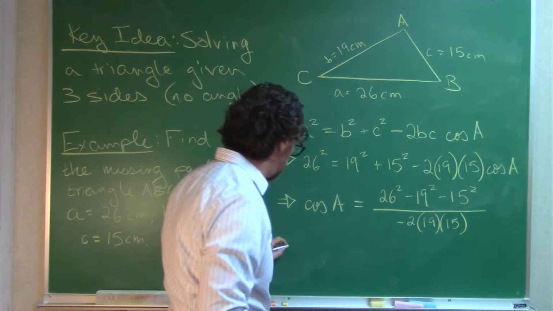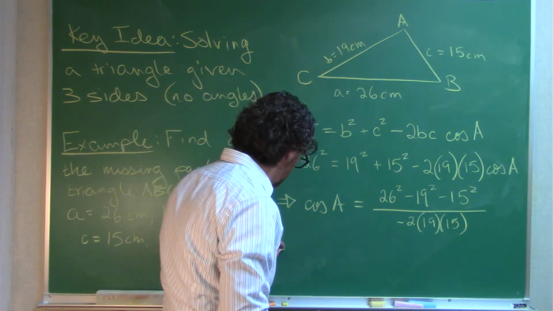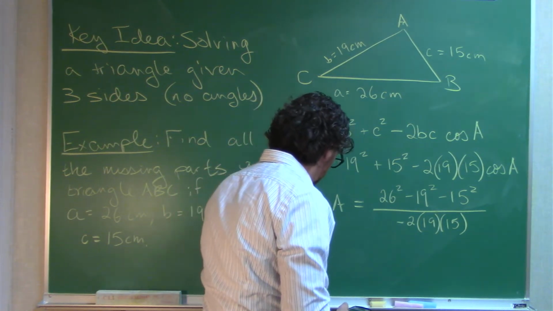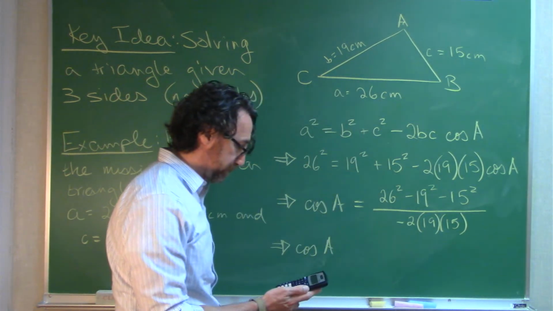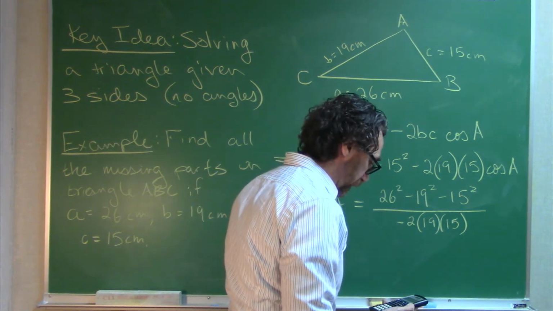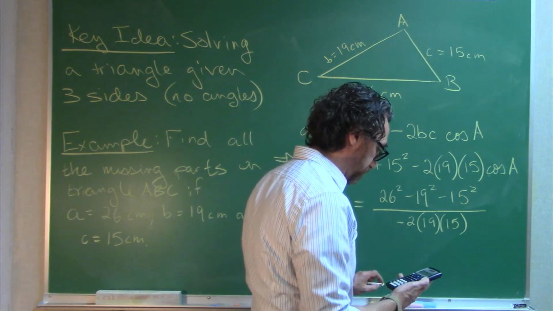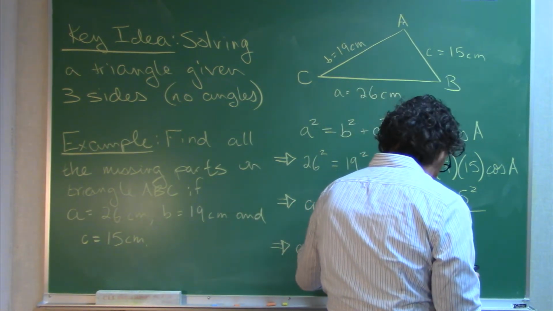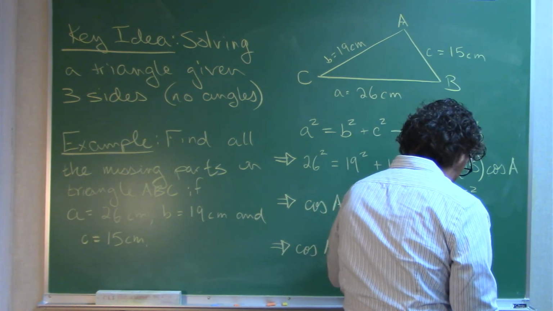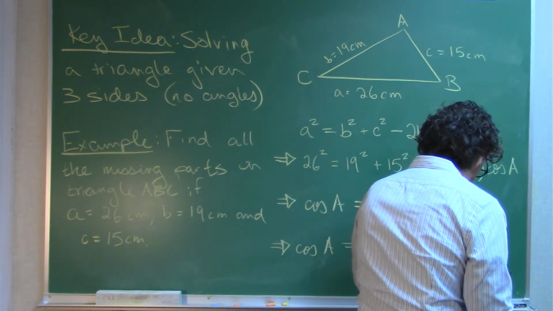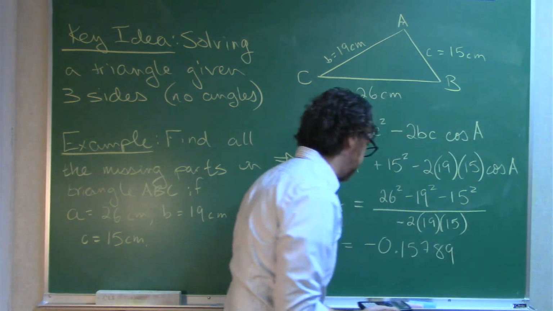Okay, so this is what I'm getting. I'm getting cosine A is equal to negative 0.15789.